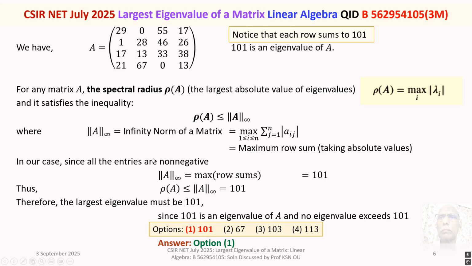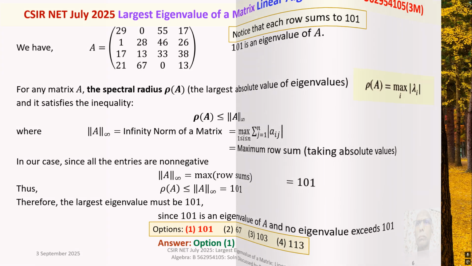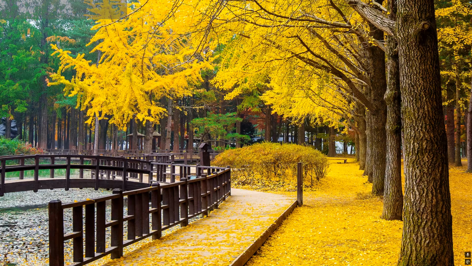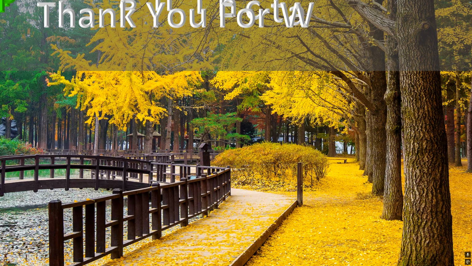If you know the spectral radius of a matrix and the infinity norm and their relationship, this becomes easier. I am sure that you have understood the solution of this problem.